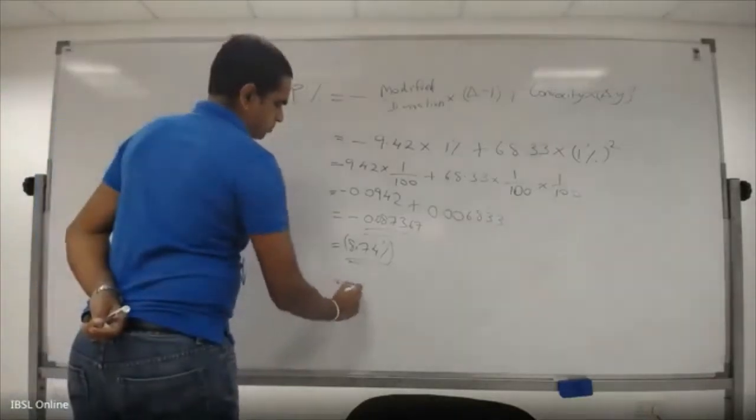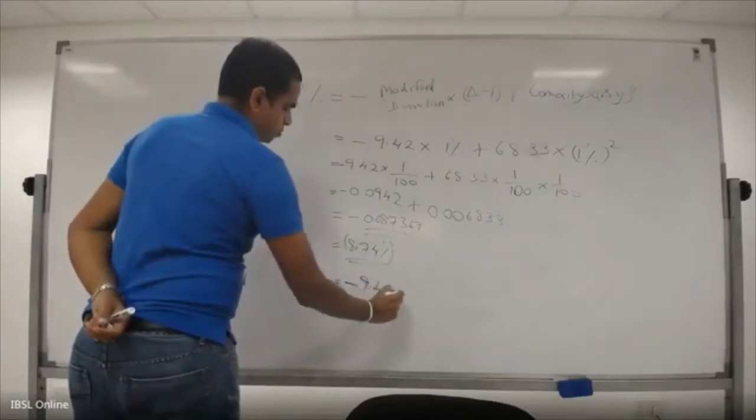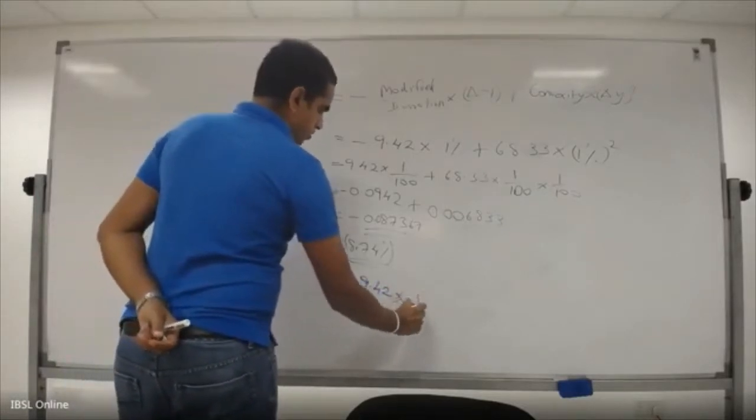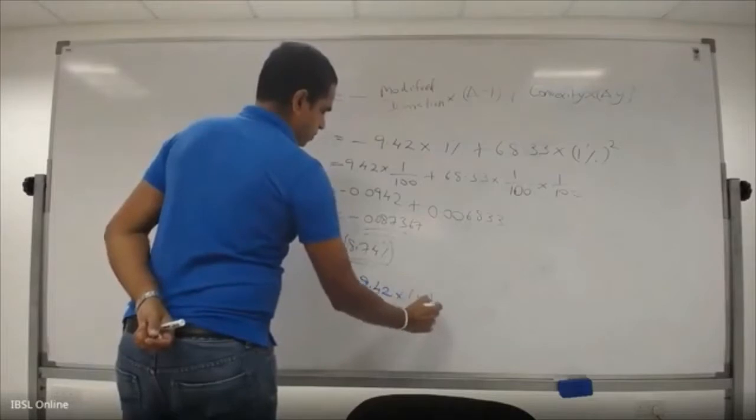Same equation: minus 9.42 into change in interest rates of 1% negative, plus convexity term.